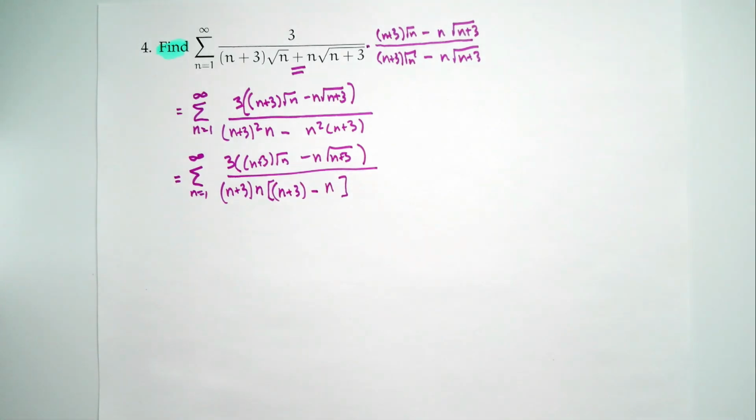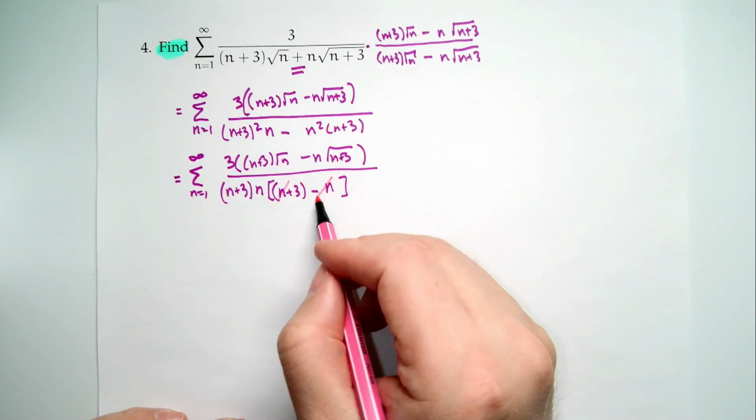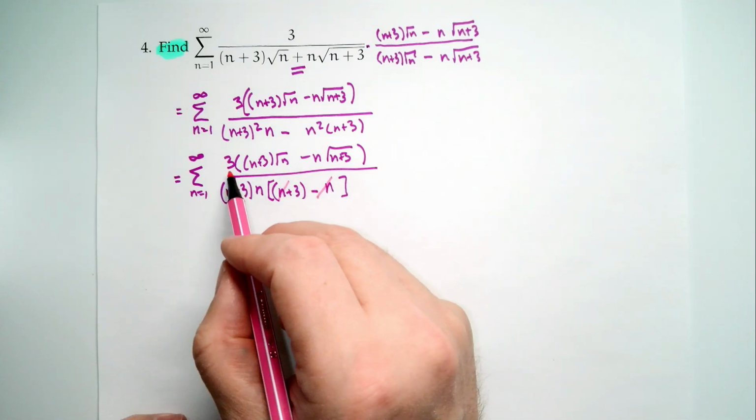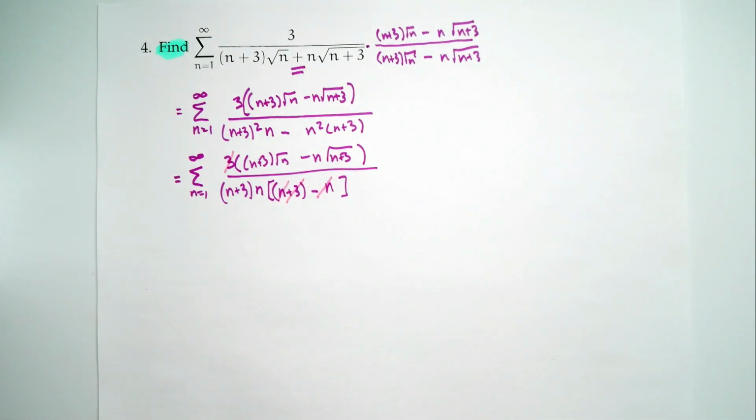Now, let's stare at this for not too long. I think we can see some things that are happening. Notice the n's cancel. So this is 3. But wait a second, there's a 3 there. So the 3's cancel. So that's great.